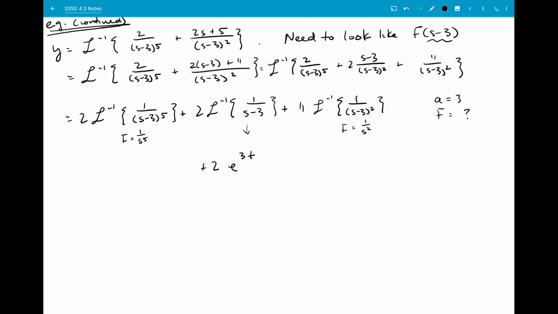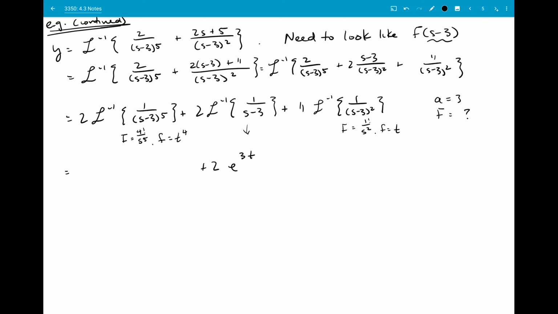We knew how to do that earlier in class. So for the other two, though, for an F that looks like 1 over s to the 5th, what we're looking at is a t to the 4th, where capital F is 4 factorial over s to the 5th. And for an F like 1 over s squared, we're looking at a little f equal to t to the 1, where capital F is 1 factorial over s squared.